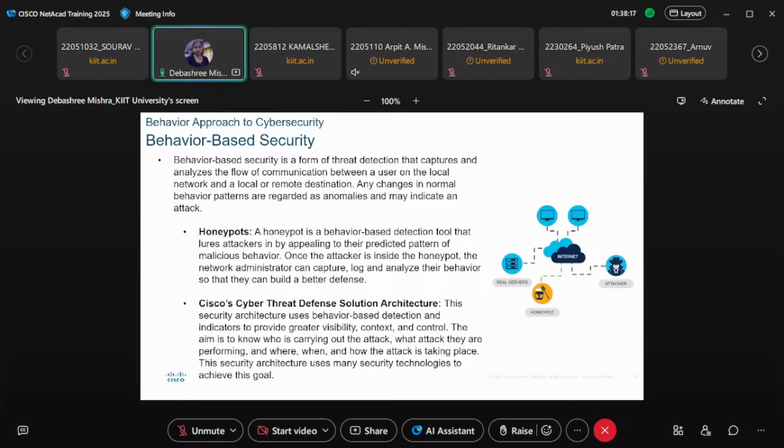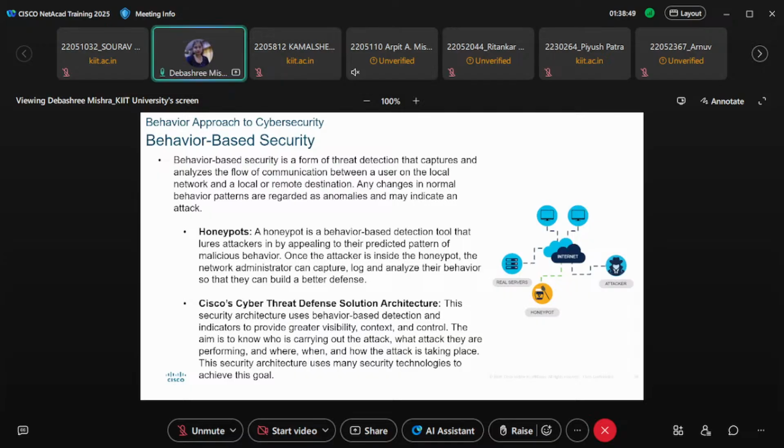The main aim is to understand what type of attack they are performing, when, where, and how deep the attack is. Taking all these factors, the organization uses security architectures to increase security technologies to avoid any malicious activities or attacks that may happen in future.